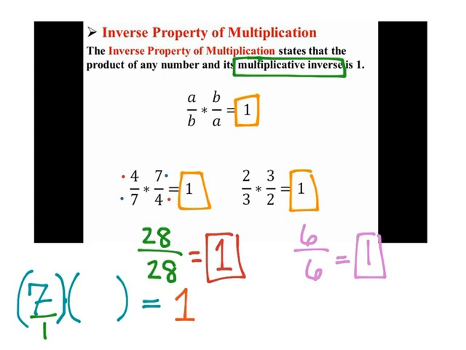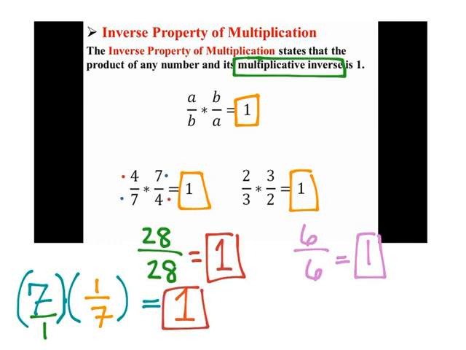That's not a coincidence. That's the reason why you're able to get an answer of 1. So when you flip 7 over 1, your new fraction is going to be 1 over 7. And if you type in 7 over 1 times 1 over 7, you're going to get an answer of 1.